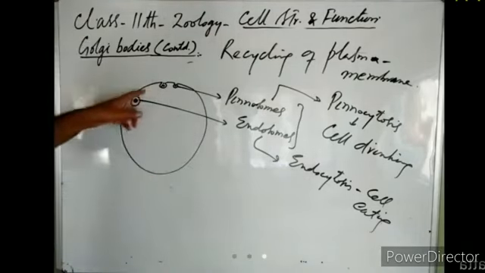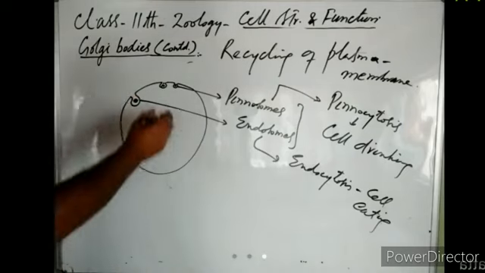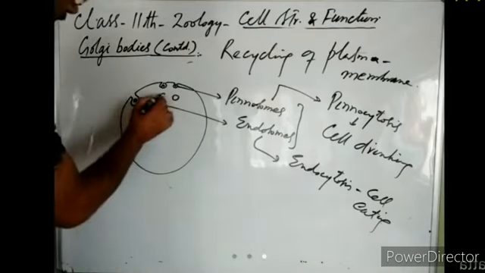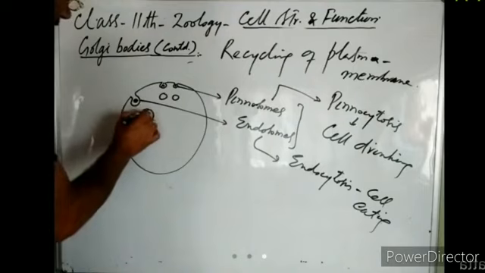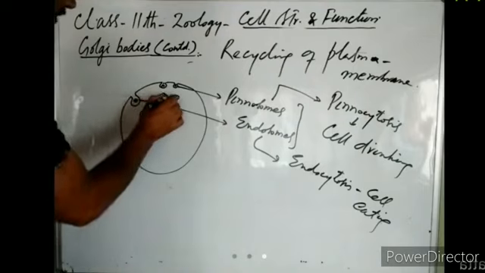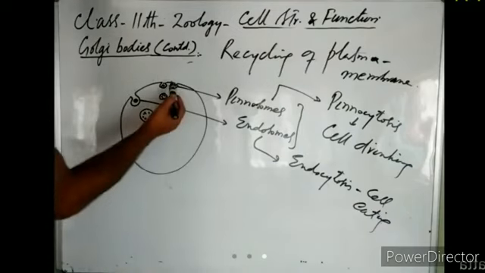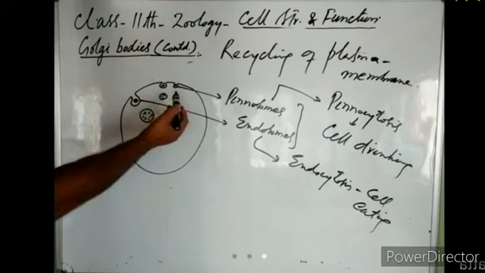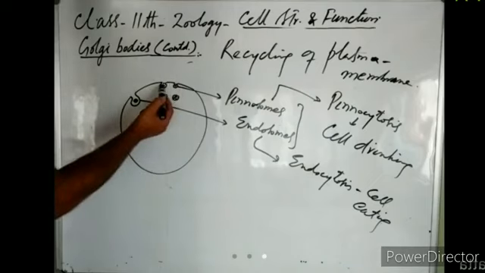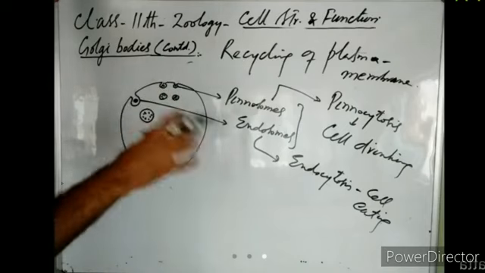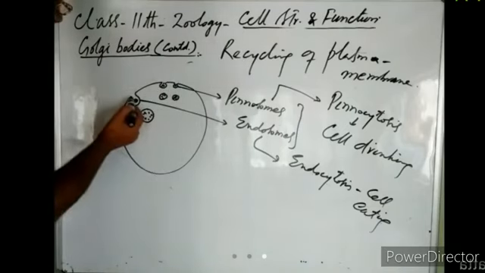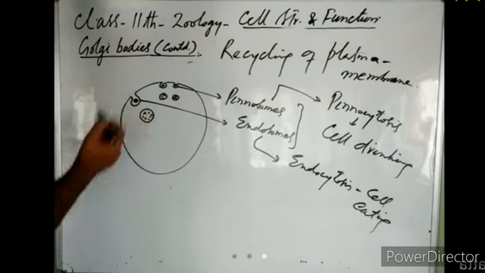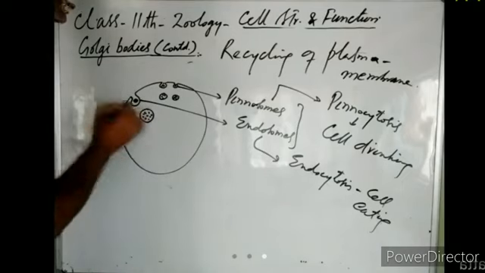So when these pinosomes and endosomes are released into the cytoplasm of the cell, they cut the stretches of plasma membrane which surrounds them. This segment of plasma membrane which made invagination, which made inward movement, it gets cut. This segment of plasma membrane which surrounds the solid food particle also gets cut.